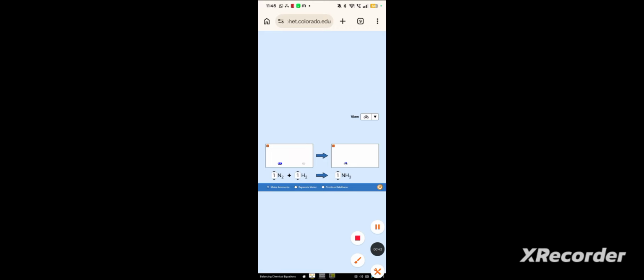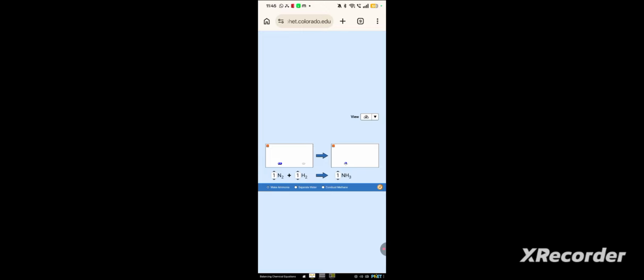So we have to observe that the nitrogen is one molecule, and this nitrogen molecule has two atoms. The hydrogen is also one molecule and it also has two atoms. The product ammonia has one nitrogen and three hydrogens.